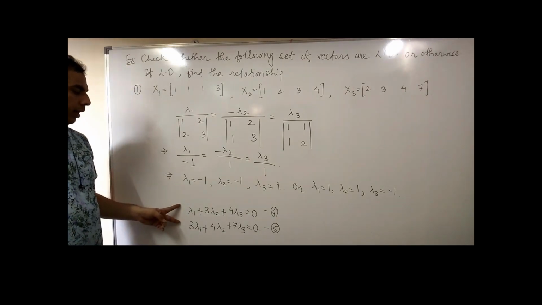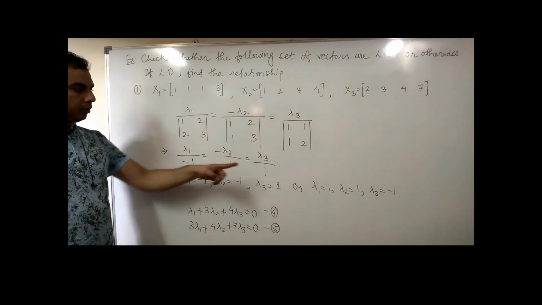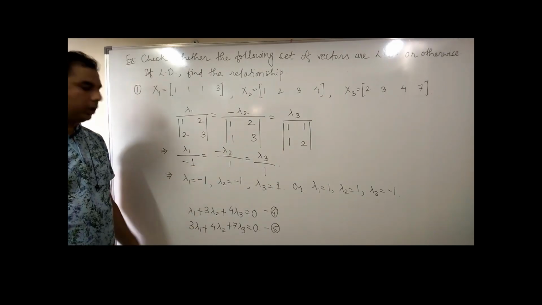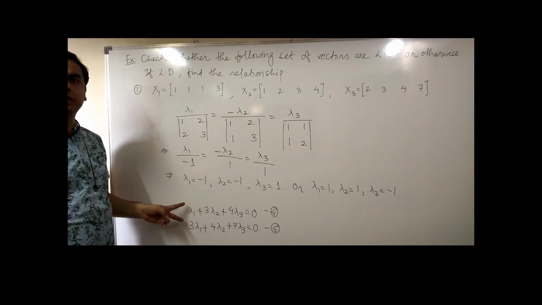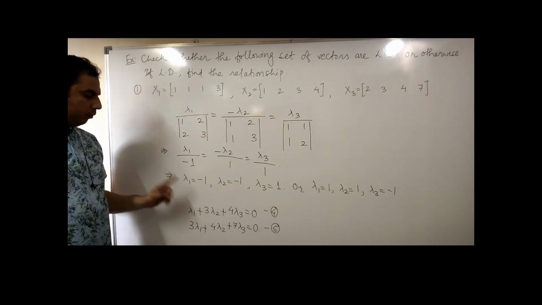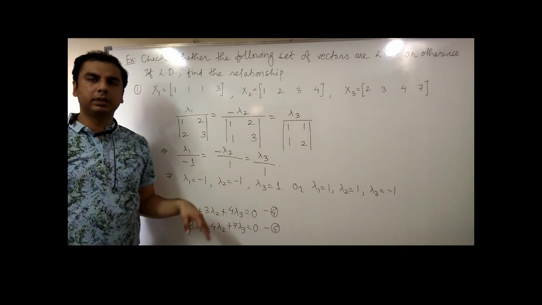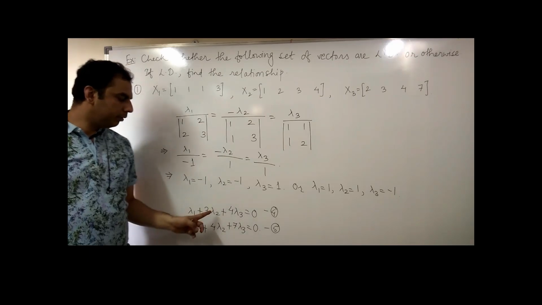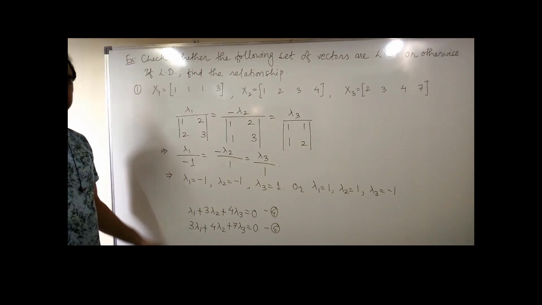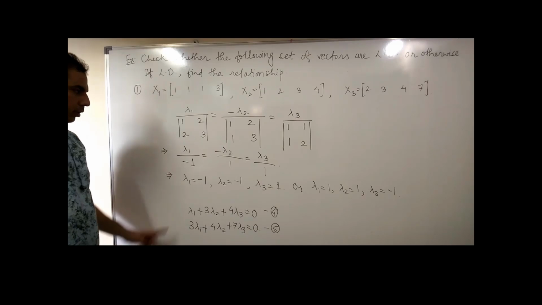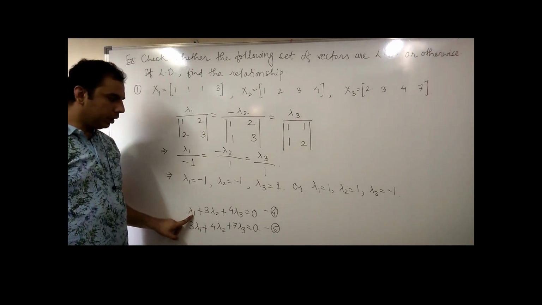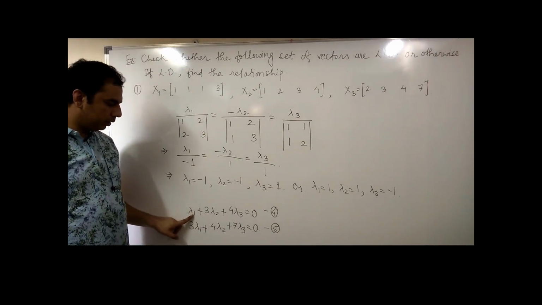We have to verify whether these values of lambda 1, lambda 2, lambda 3 are satisfying equations 4 and 5 also or not. If one of these four equations is not satisfied, then we will say that the vectors are linearly independent.